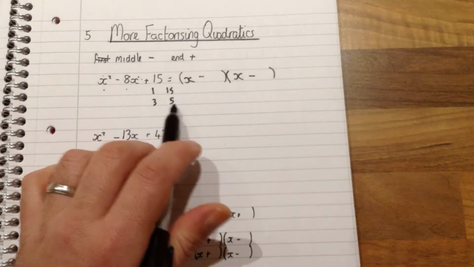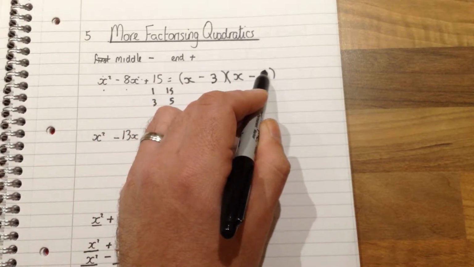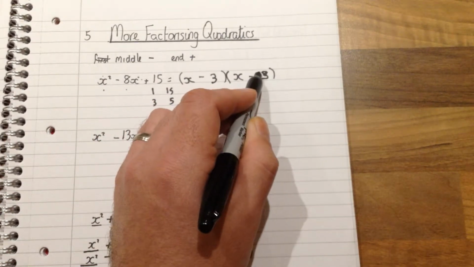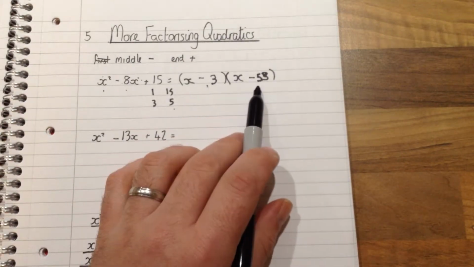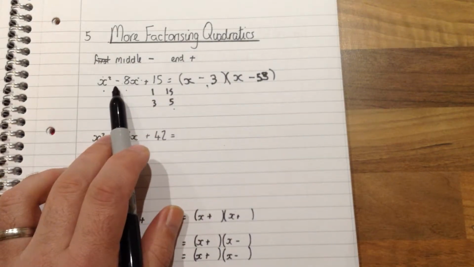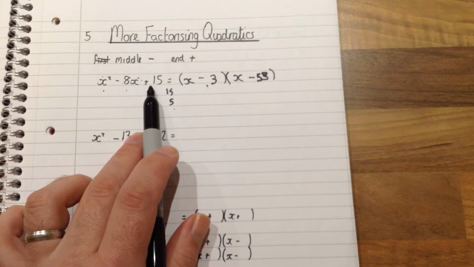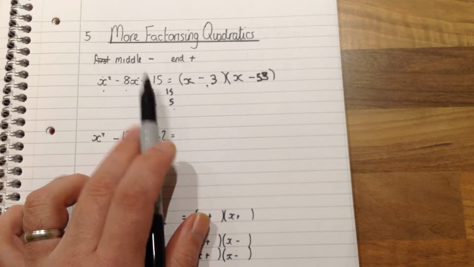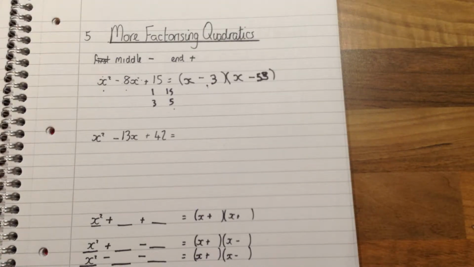And then we select 3 and 5, because minus 3 take away another 5 would give us that minus 8. In other words, minus 3 take away 5 equals minus 8. But minus 3 times minus 5 gives us positive 15. So we're still using the same idea, times together, but combined to make minus 8.